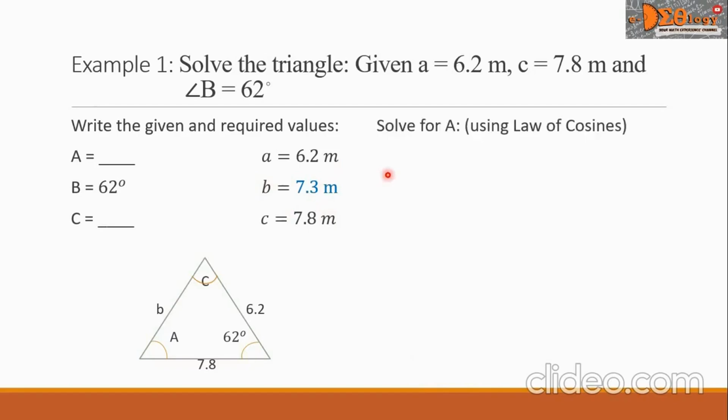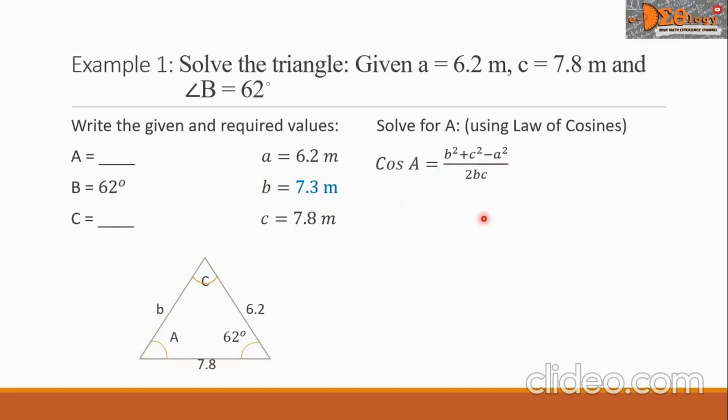Now, let us solve for A using law of cosines. We may also use law of sines at this point. However, let us show that our A here is to be solved by law of cosines. So the cosine A equals B squared plus C squared minus A squared all over 2BC.